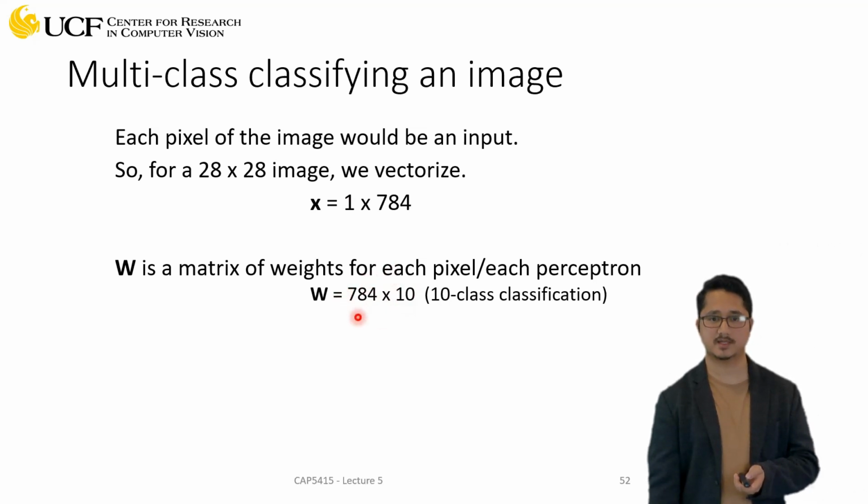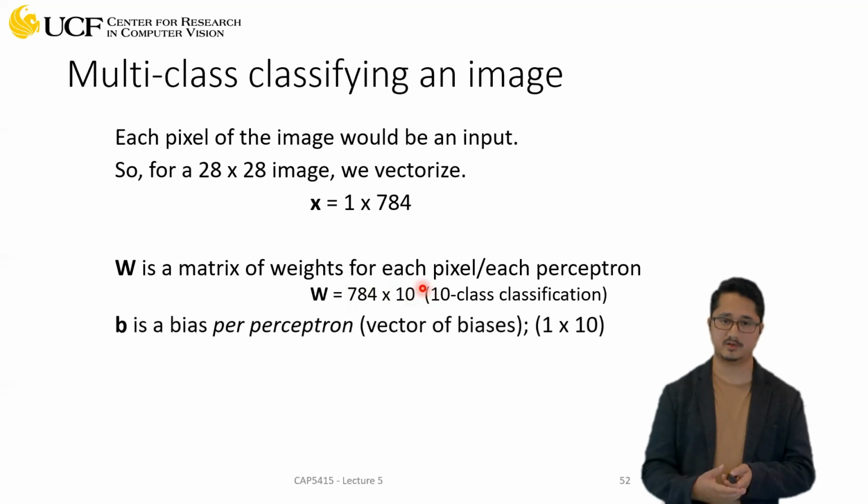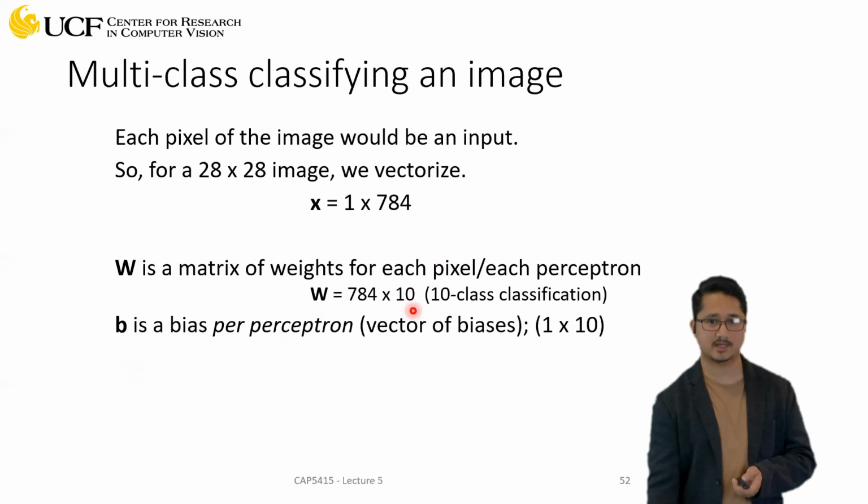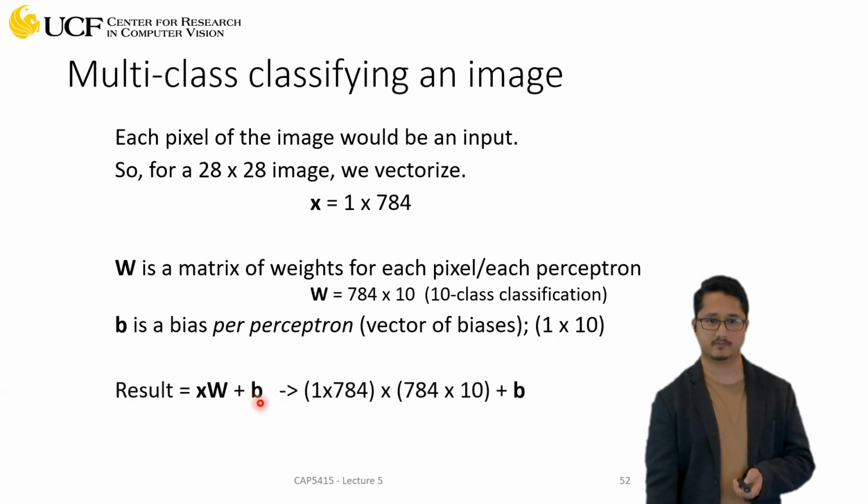So again, you can represent that as a matrix. And again, for each perceptron, you will have a bias. So in this case, you have 10 perceptrons that will give you 10 different biases. So bias, again, you can represent as a vector 1 cross 10. And your equation will not change. It will still be X times W plus B. In this case, your W is not a vector, it's a matrix.